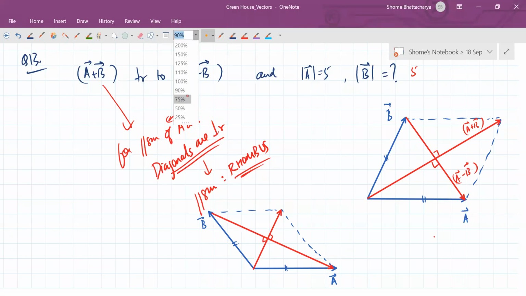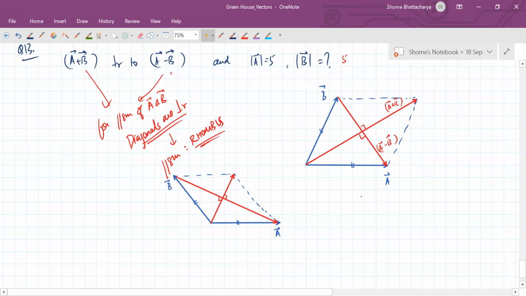Of course, there is also a more general method of doing this. You can say that suppose A plus B is some x i cap and A minus B will have to be y j cap because they're perpendicular to each other.